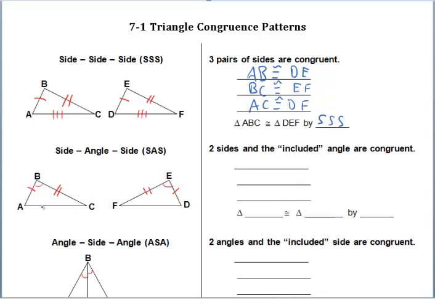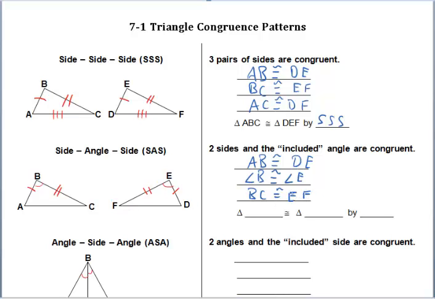So let's list out what we have. Side AB is congruent to side DE. It would also be correct to say side ED, but I want to go the same direction: I go from A to B here, so I go D to E there. Next, angle B is congruent to angle E. Lastly, side BC is congruent to side EF, again going the same direction.